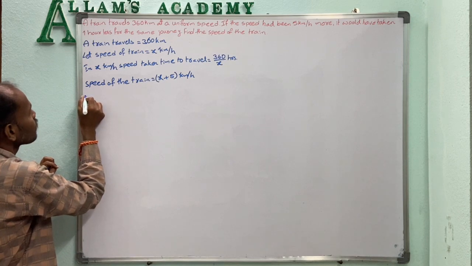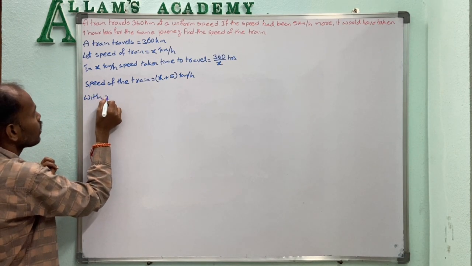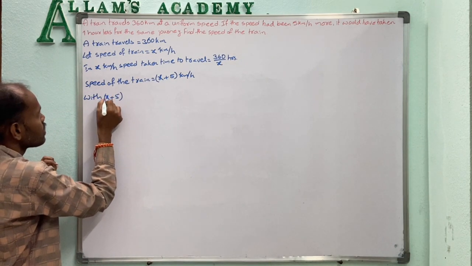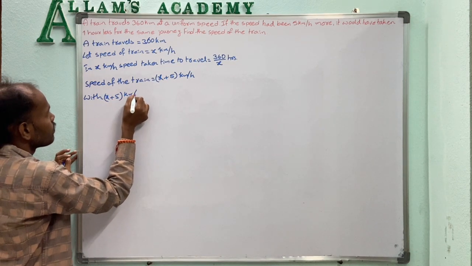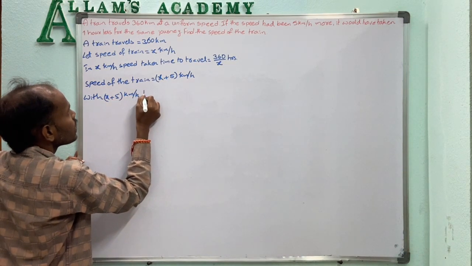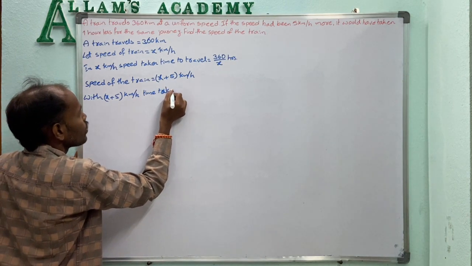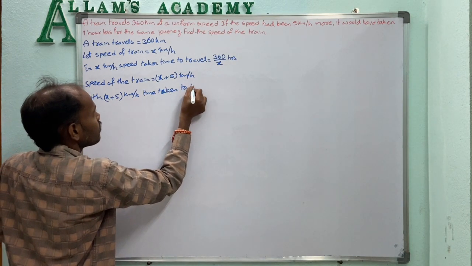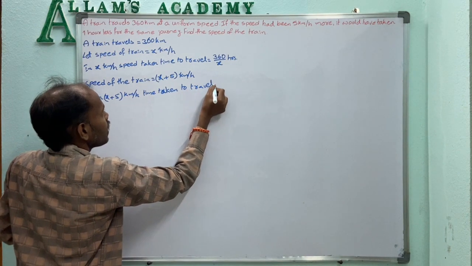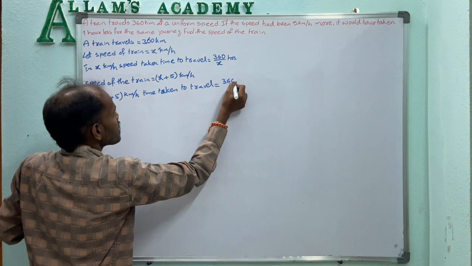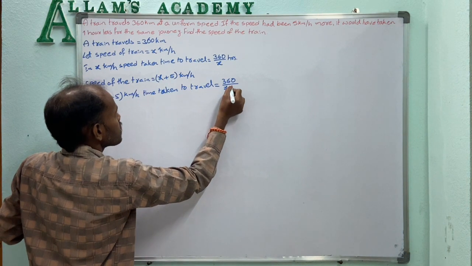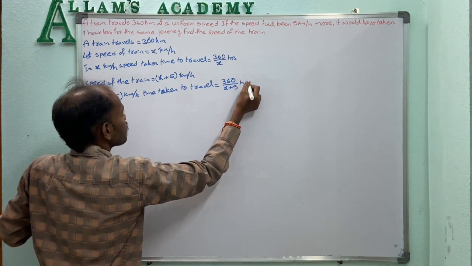So with x plus 5 kilometers per hour speed, the time taken to travel equals 360 by x plus 5 hours.